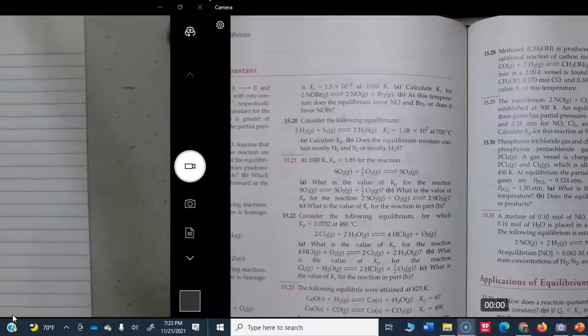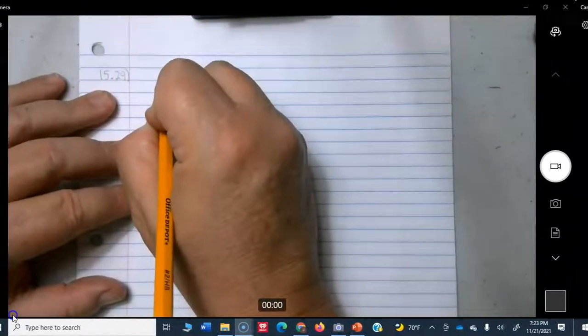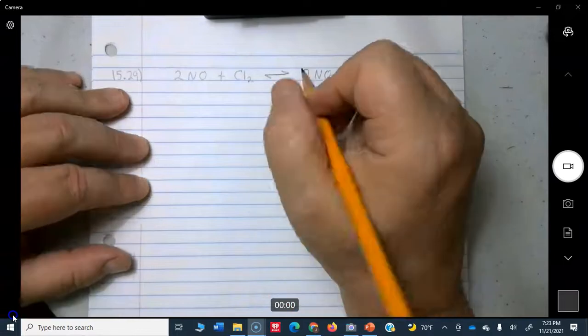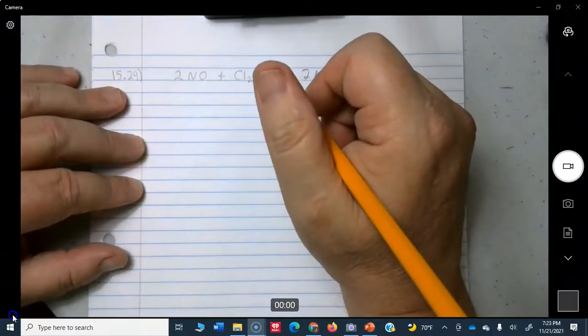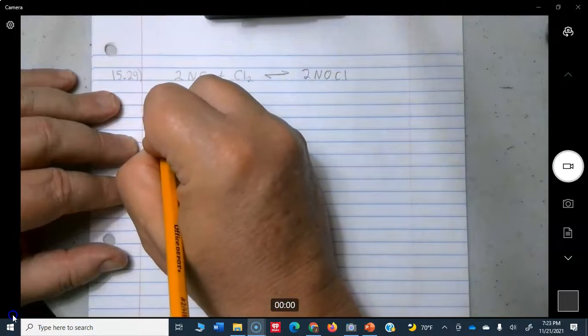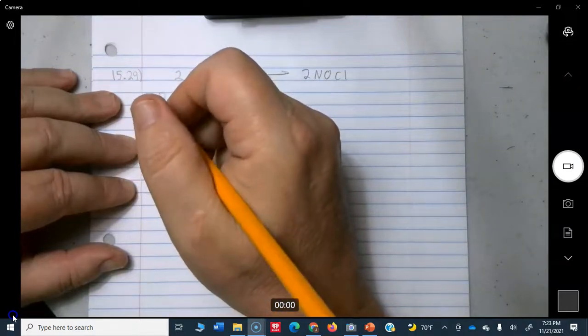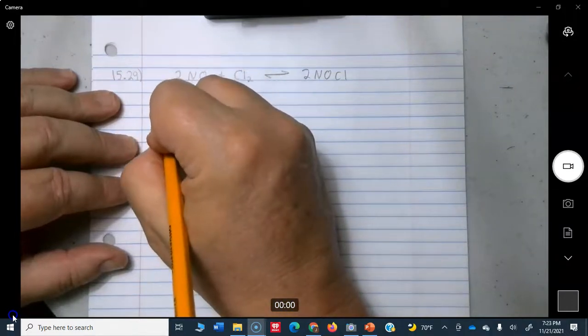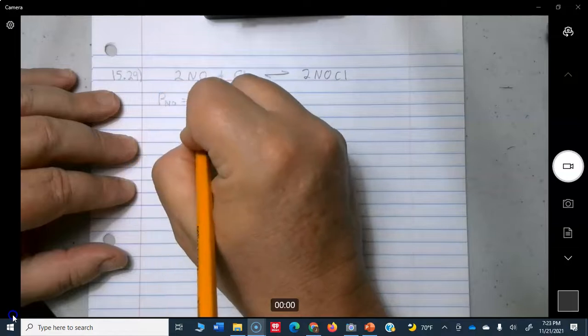Okay, so we're going to go ahead and write down the equation. Alright, and what we have is pressures. So the way you write pressures is the capital letter P and then subscript it with whatever the compound is.